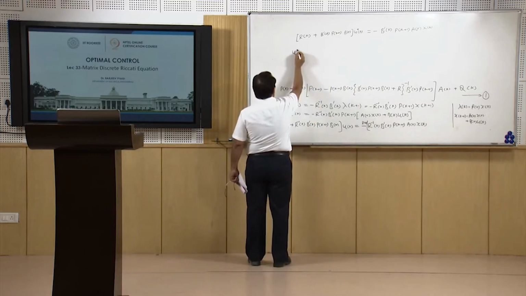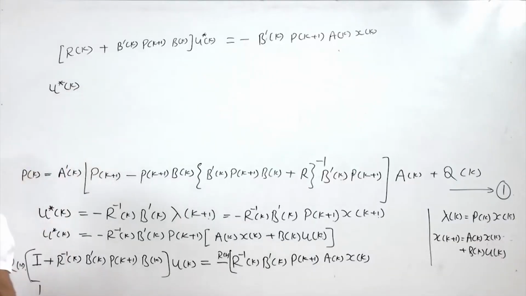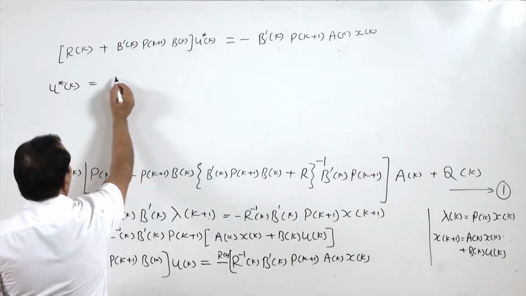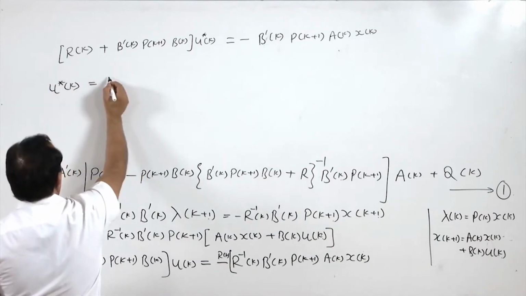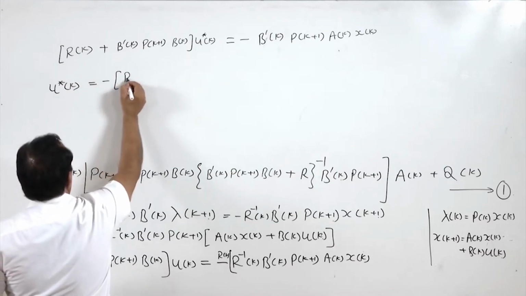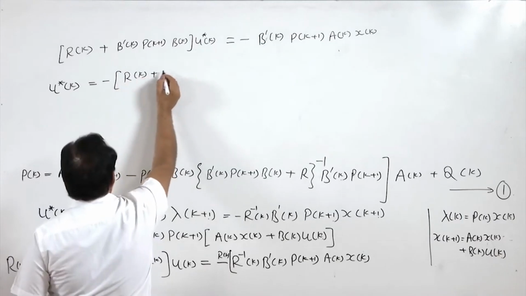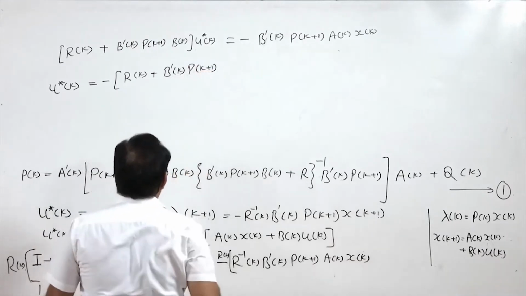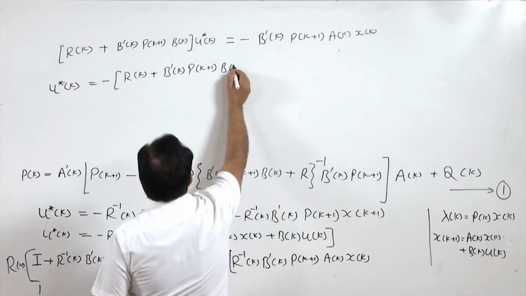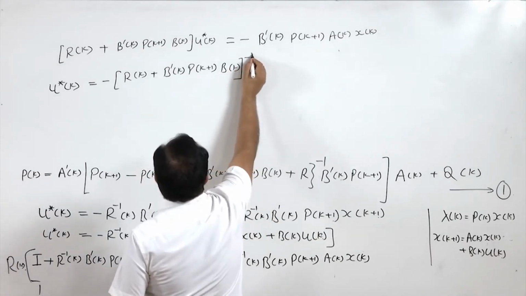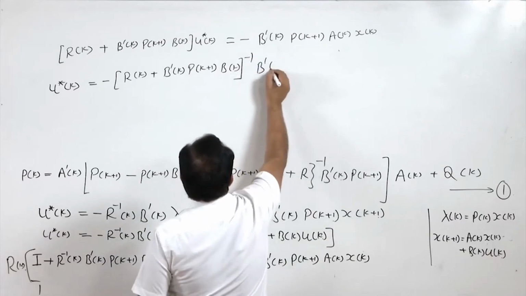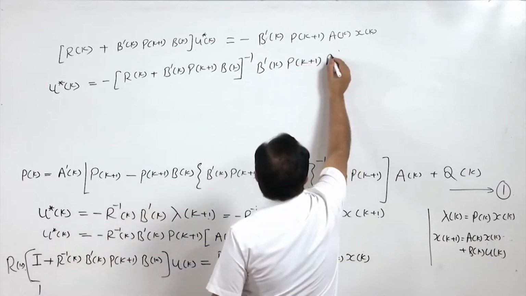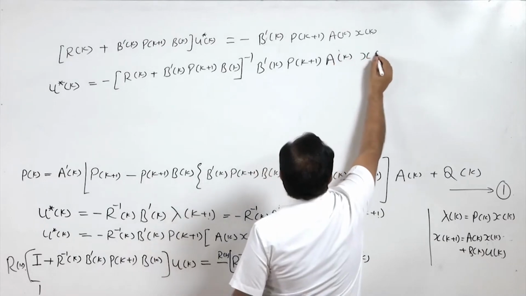So, I can write my u star k as just minus [R(k) plus B prime(k) P(k+1) B(k)] whole inverse B prime(k) P(k+1) A(k), and this is multiplied with x(k).